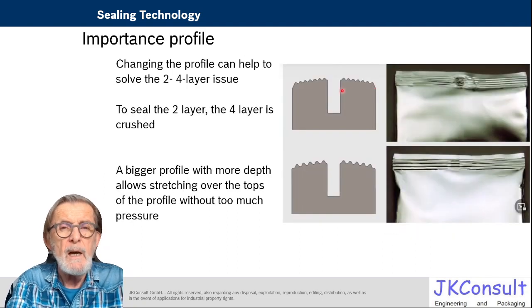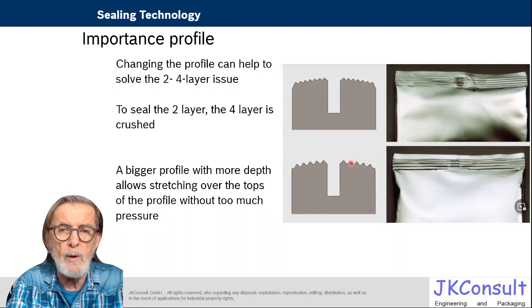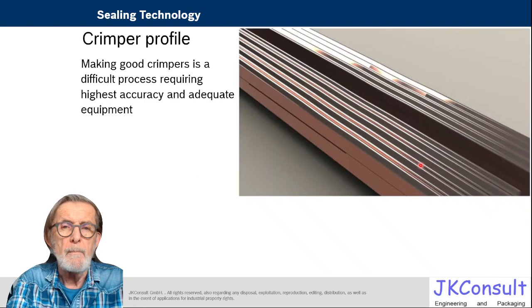So a way to solve that is to move away from a very fine profile that gives you this crack to a more coarse profile that does allow the film space to move, and you get a seal here and in the 2-layer area. Now, making such a profile is not a simple job, so there are specialized companies who make those profiles. It requires highest accuracy.